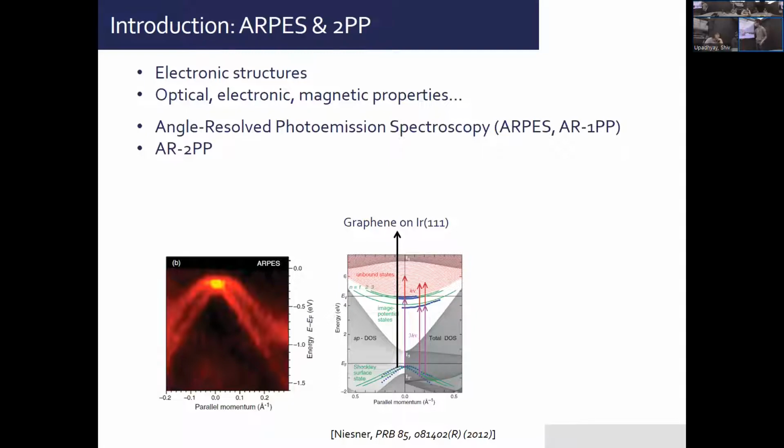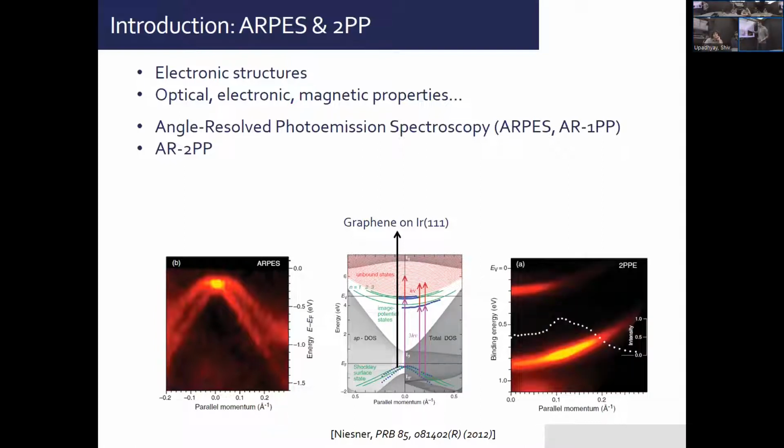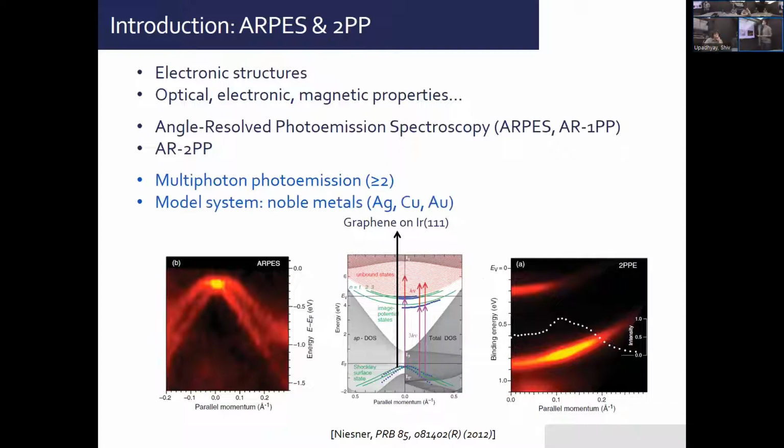For example, the purple arrow here first populates the unoccupied part, and then the red photon emits this part. In this case, we can map out the dispersion of the unoccupied states. In our lab, we specialize in multiphoton photoemission, where we use two or more photons to excite the surface.